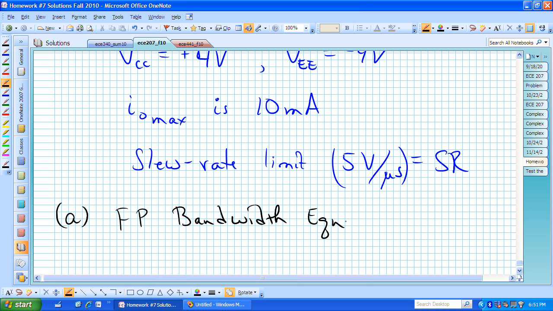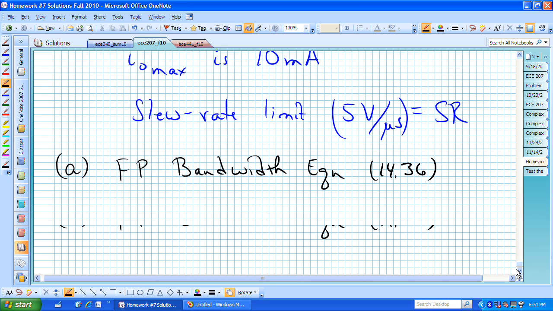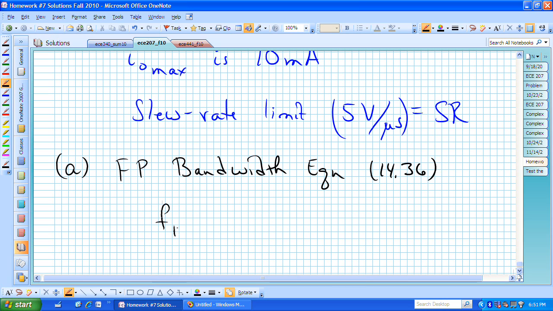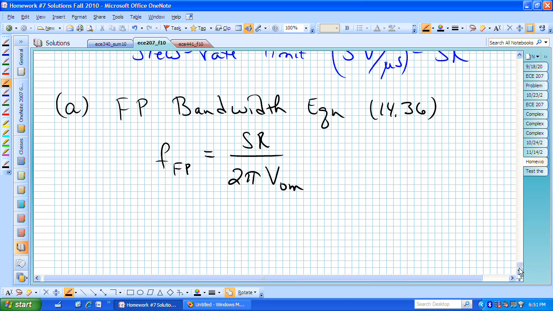The relationship is given to us in equation 36 in chapter 14, which says that the full power bandwidth frequency, F sub FP, is the slew rate value, which is so many volts per so many seconds, divided by 2 pi V sub 0 m, where V sub 0 m is our output maximum voltage.